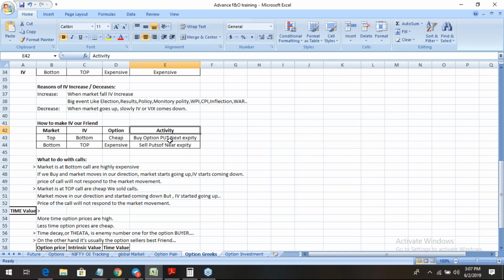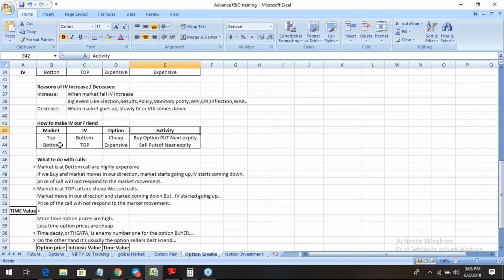Buy put options. If the market is on top, you will buy put, of course, or you short Nifty, right? But if you want to buy options, you have to buy next expiry options. Don't buy the same expiry because it will go down quickly. Buy next expiry call and put.